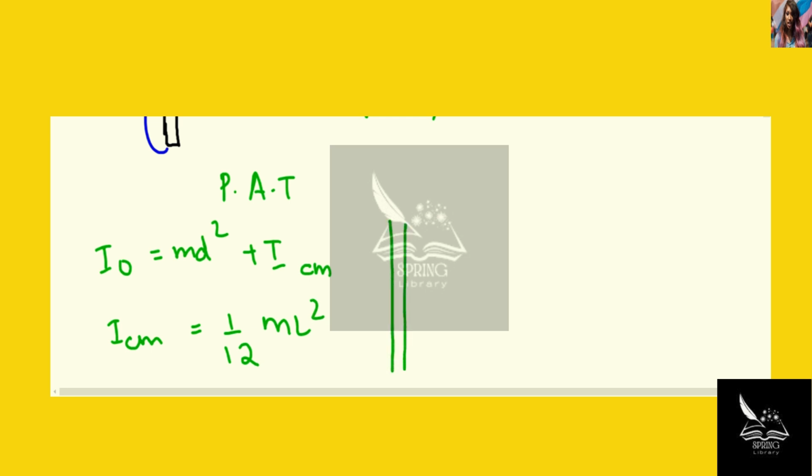Therefore, we can write I naught equal to md square. So we are writing it as mx square because we have already said d and x are equal. Mx square plus I_CM, which is 1 by 12 mL square. Why? It is the center of mass.